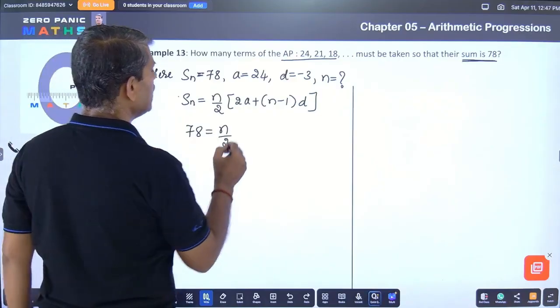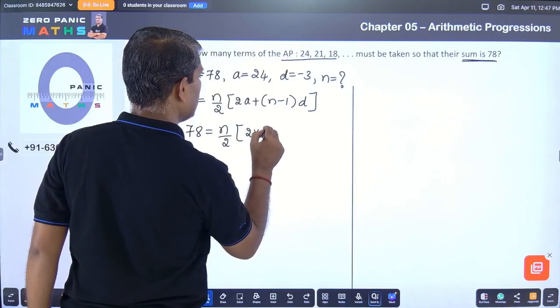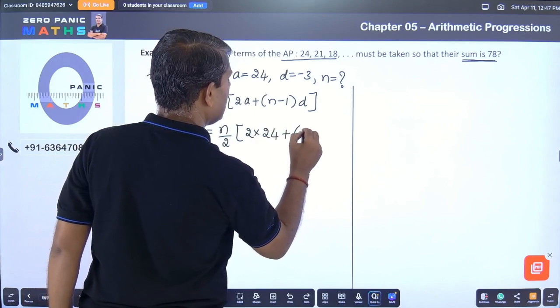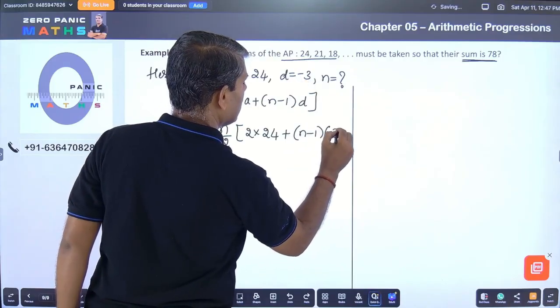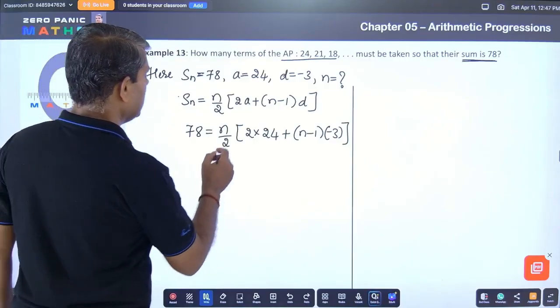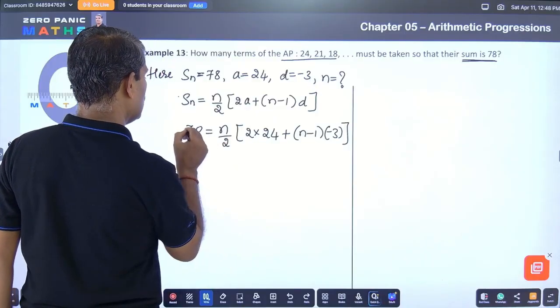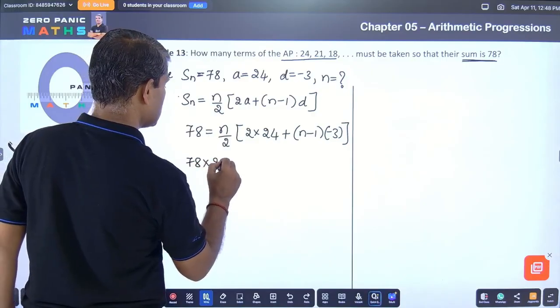So n by 2, and we know a, that is 2 into 24, right? Similarly, we don't know n, so I am keeping it as n minus 1, and we know the value of d, right? Now let us take 2 to this side first, 78 into 2, just to make it simple.